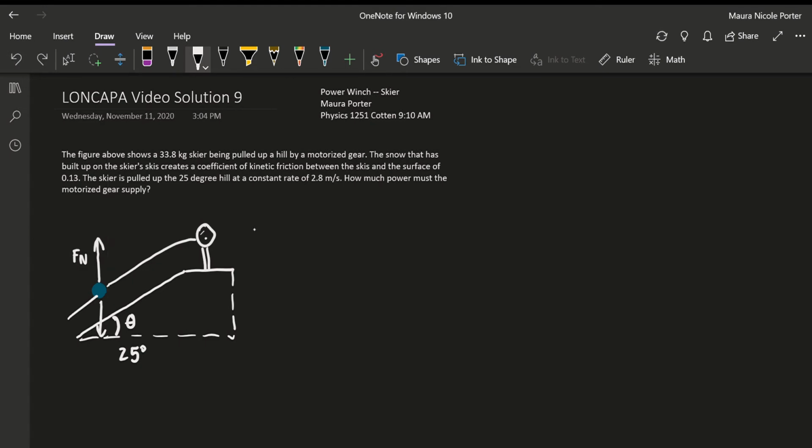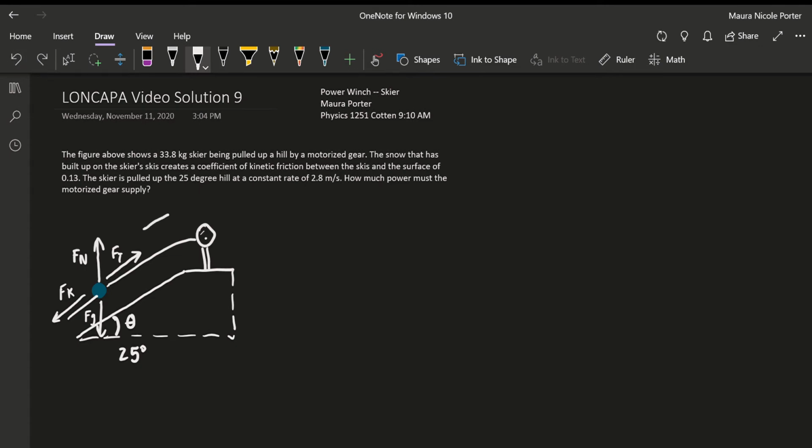Sorry, I don't know what's happening with the pen today. We have the force of tension that the tow rope creates, and the force of kinetic friction from the friction with the skis. So the next thing that we can draw in is our velocity vector.